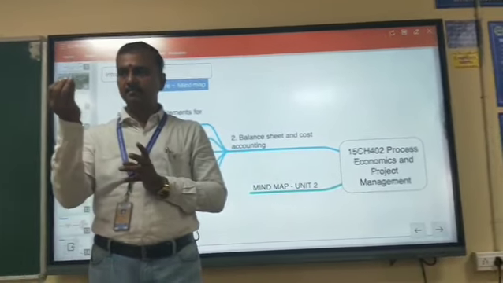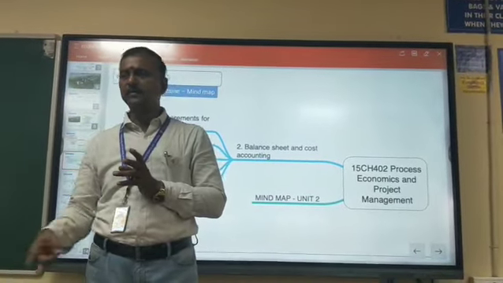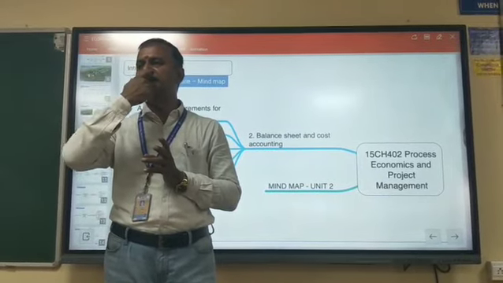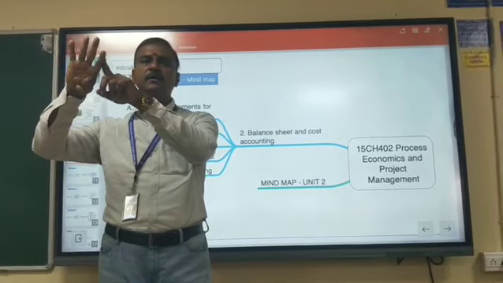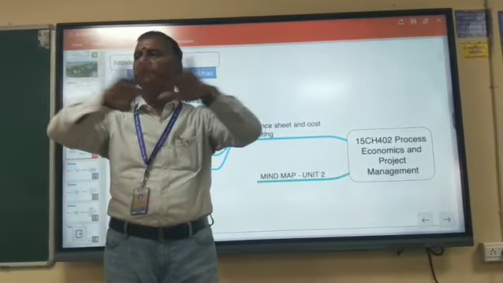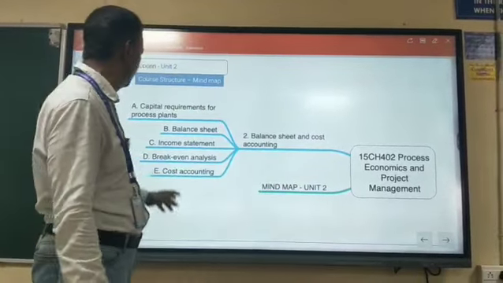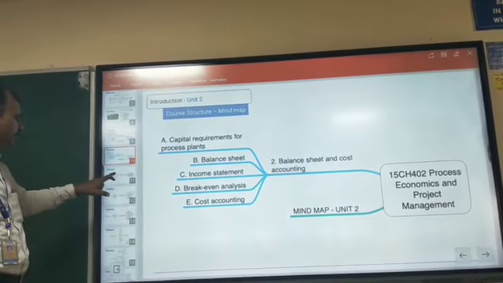For that, if 30 cars is the break-even point, and they achieve 70 cars, the profit for those 40 cars will be shared with the owners and employees as bonus or incentives. So any company will see the break-even analysis and operate accordingly.